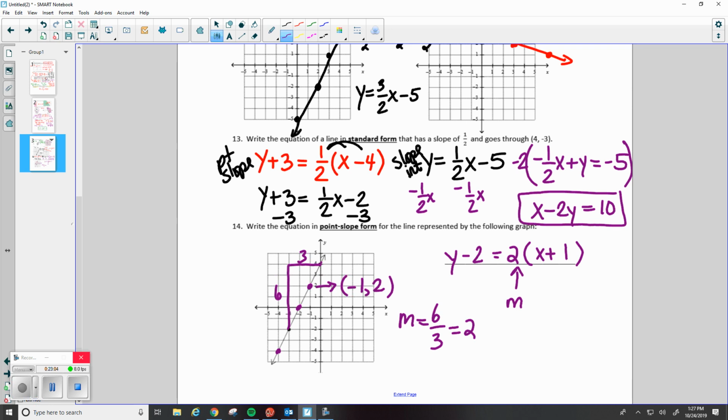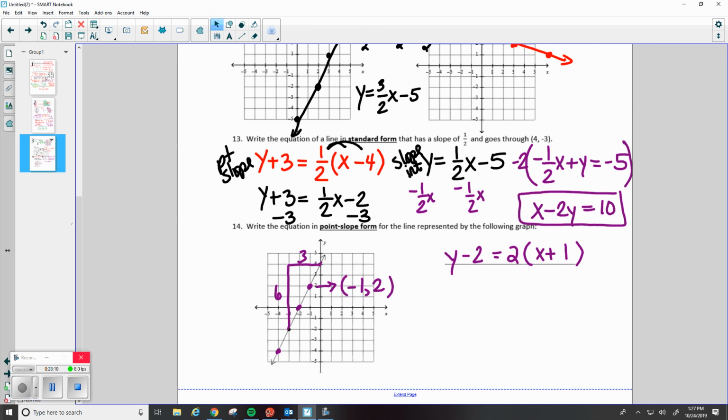So that is a possibility as an answer. Like I said, there are multiple possibilities for answers for this problem. If I use this point down here, this is the point -3, -2. So if I use that point, it would be y plus 2 for the y, 2x plus 3.